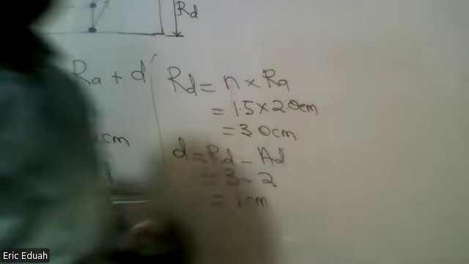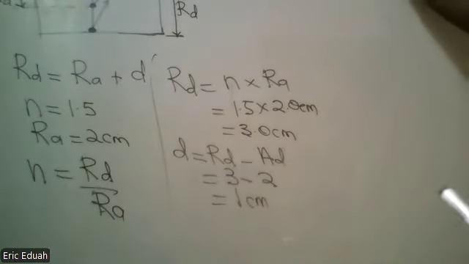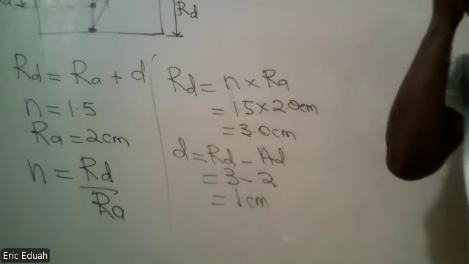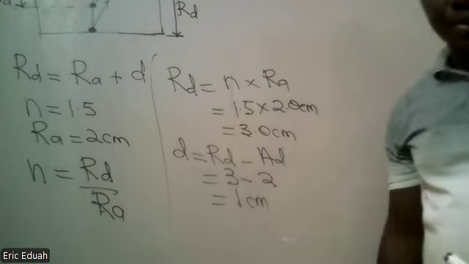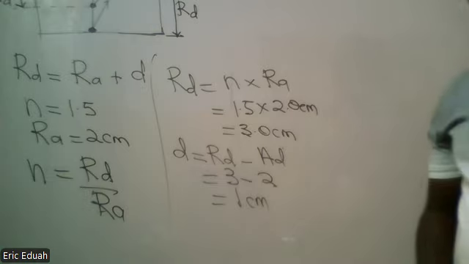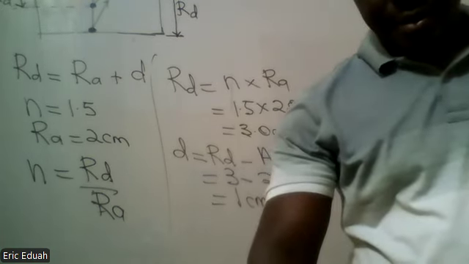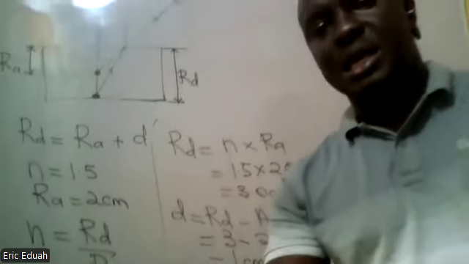So the glass slab bends the ray vertically by this amount, and that is the vertical displacement. All right. I hope it is understood. Class, I hope that part is understood.